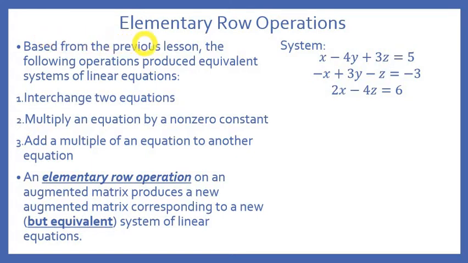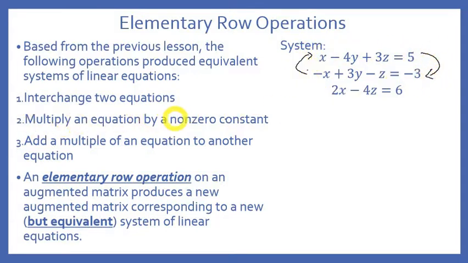So previously, we have learned that the following operations produce equivalent systems of linear equations. We can either interchange two equations. For example, we're going to rewrite this equation on top, while this equation at the bottom.